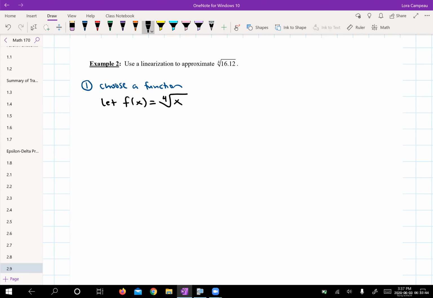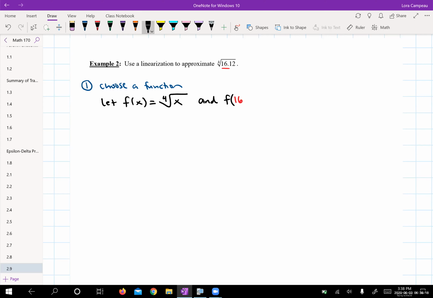And make sure when you choose the function, it's relatively easy to evaluate at a value that's very close to what we're trying to approximate in the first place. So if I'm seeing a fourth root, I probably want to pick a value that is quickly evaluated. Let's look at f of, well, 16 kind of comes to mind.